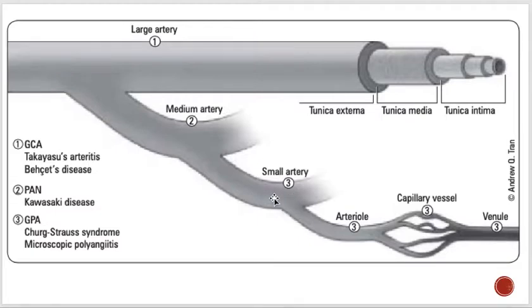So Henoch-Schönlein purpura, which gives that rash on the lower limbs, is also called IgA vasculitis, by the way. So these are the causes of vasculitis, right? Not just these, of course there are many others, but what we are going to talk about is the important points about that.